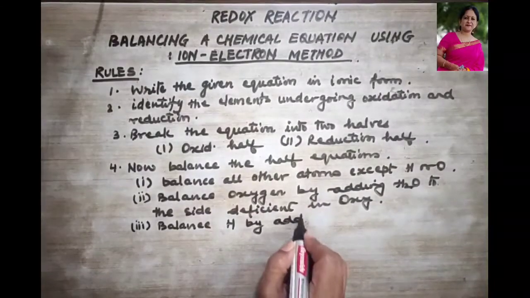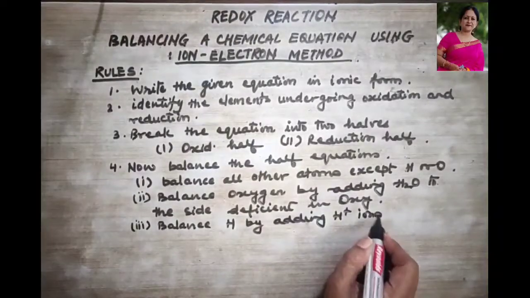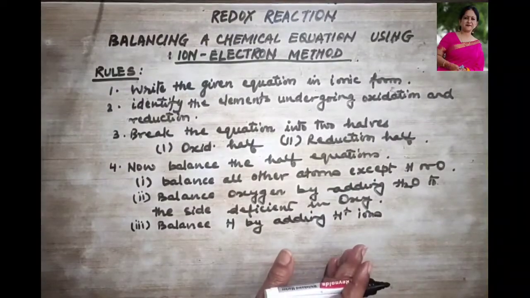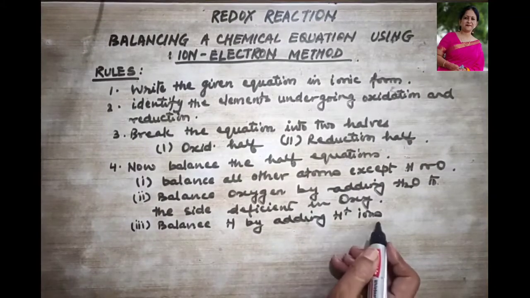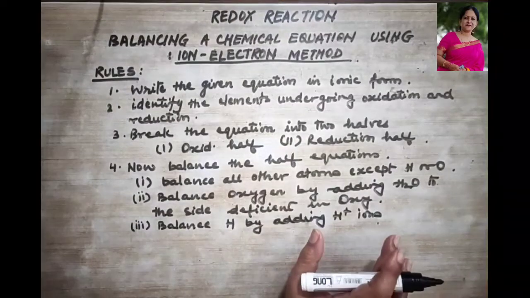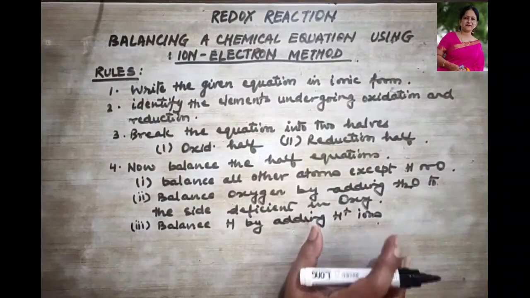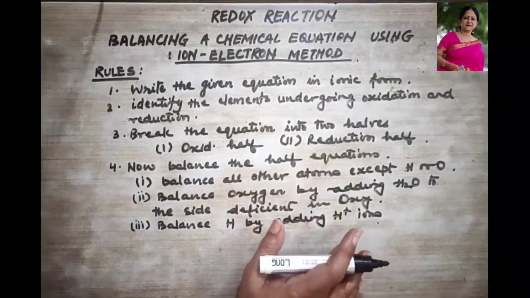By just adding hydrogen ions. Okay. So if hydrogen atoms are less on a side, we will add hydrogen ions to that side wherever the hydrogen atoms are less.